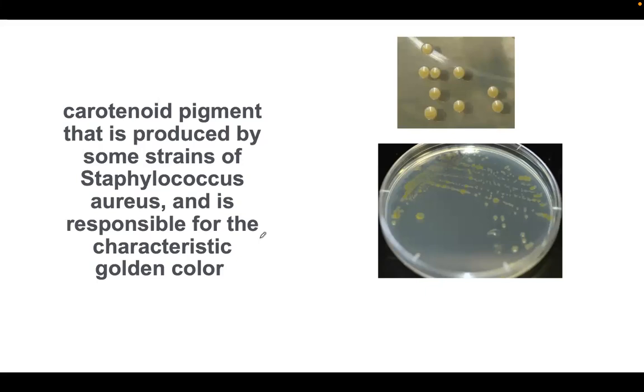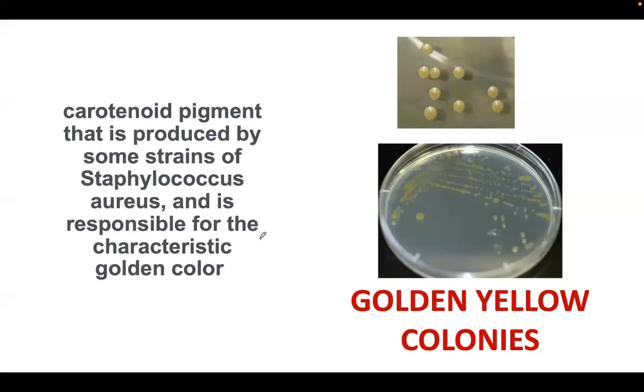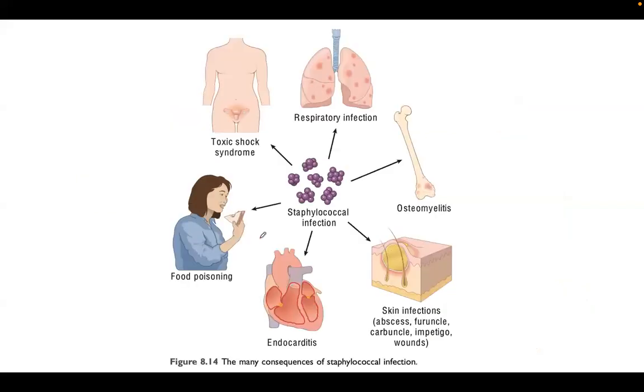What is the carotenoid pigment, which is produced by Staphylococcus aureus and is characteristic golden yellow color? Okay, that is going to be staphyloxanthin. Okay, that is staphyloxanthin.